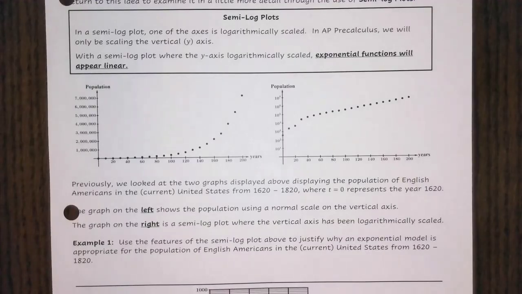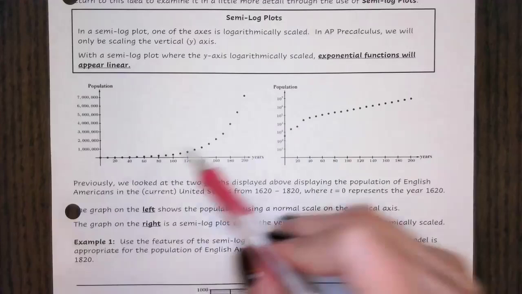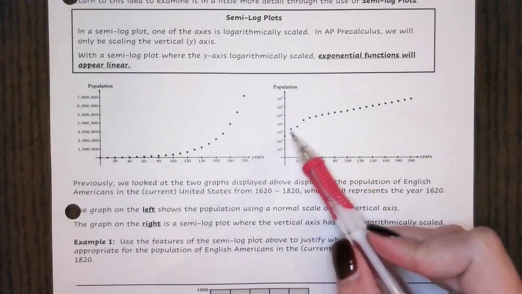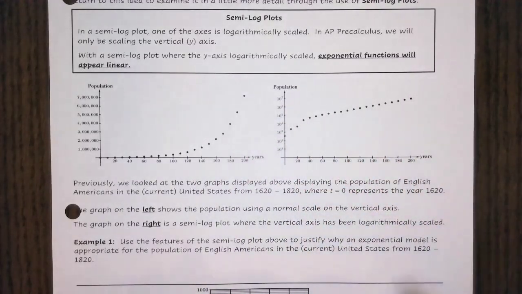So in example 1, we're going to use the features of the semi-log plot above to justify why an exponential function is appropriate for the population of English Americans in the current United States. And so all we're saying here is the exponential is a good way to look at it because when we scale it logarithmically, we see that linear equation.